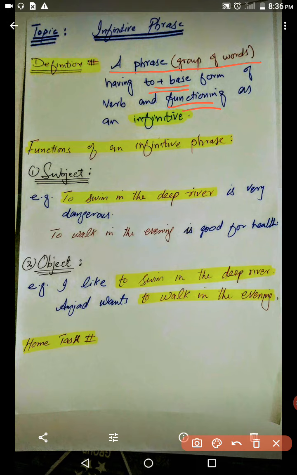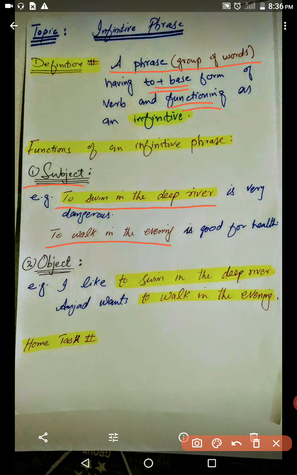Here I have given you very simple examples. As a subject, when you say to swim in the deep river is very dangerous. So this whole part of the sentence is very dangerous is about what? Swimming in the deep river. To swim in the deep river is very dangerous. Similarly, to walk in the evening is good for health.